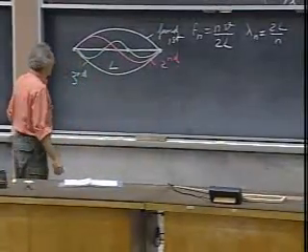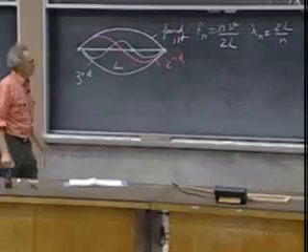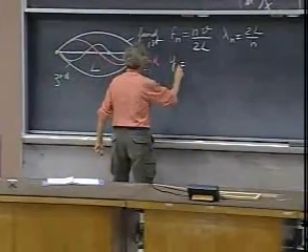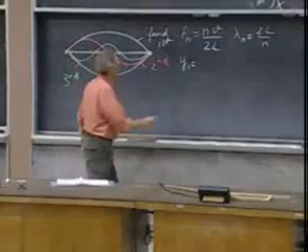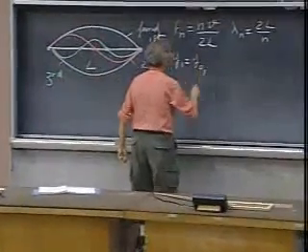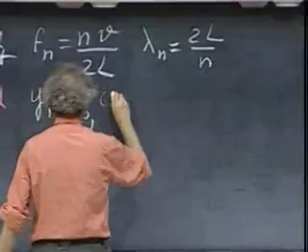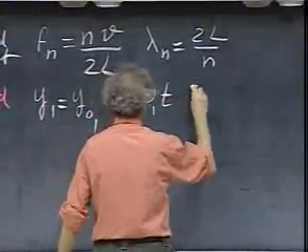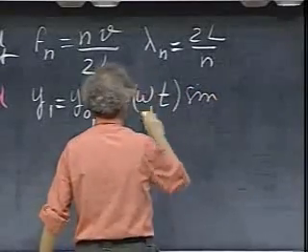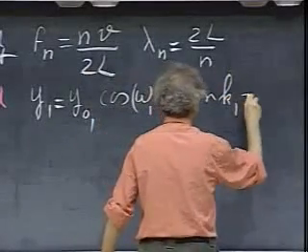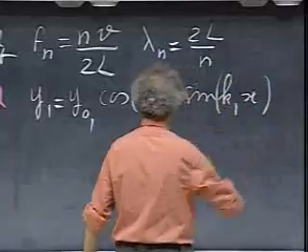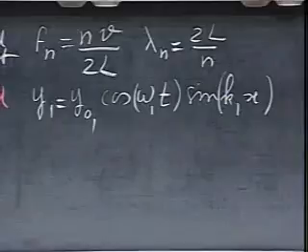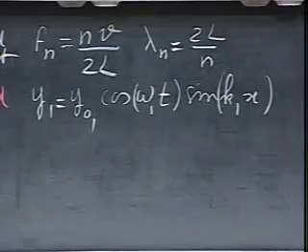So let us write down, for the fundamental, the equation for a standing wave. Y1, 1 refers to the fundamental, would be Y01 times the cosine of omega 1 t times the sine of k1 x. This is very different from a traveling wave.